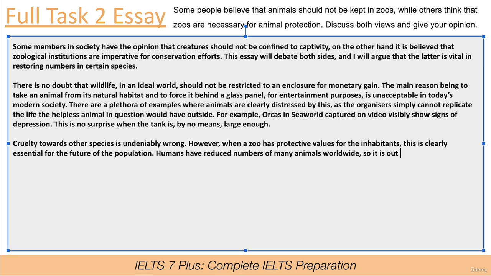So it is our responsibility to try and restore our natural world, even if this means utilizing captivity. Okay, so that is our main point.